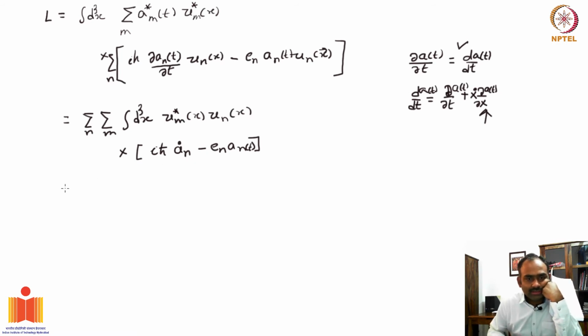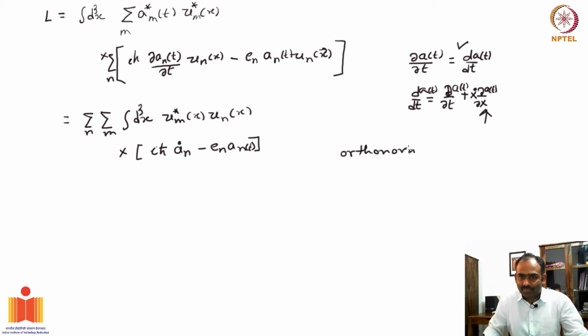Okay, good. Now I can use the fact that these wave functions are orthonormal. Okay, I can choose them to be orthonormal because they are eigenfunctions of a Hermitian operator, the Hamiltonian of the single particle quantum mechanics. So, which means that if they are orthonormal, then if you write integral d cube x um star of x un of x, then this is just delta m n.